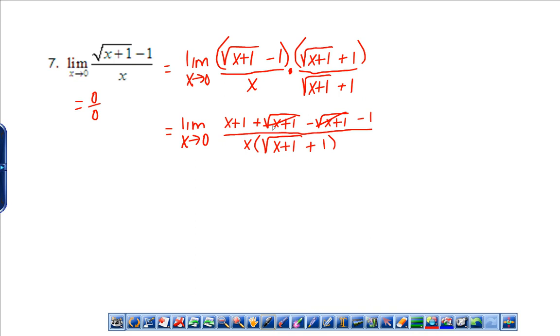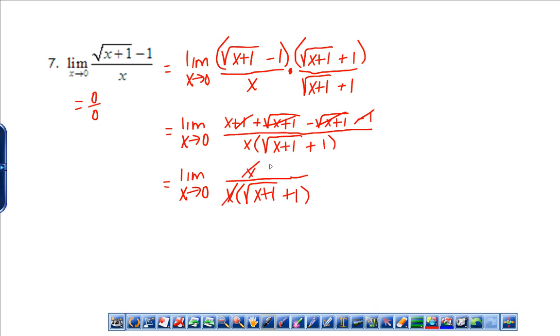Alright, so let's think. I canceled these two. Can I cancel anything else in the numerator? Yeah, plus 1 minus 1. So I am left with an x in the numerator and an x times the quantity square root of x plus 1 plus 1. And still, if I were to plug in 0, I would still get 0 over 0.